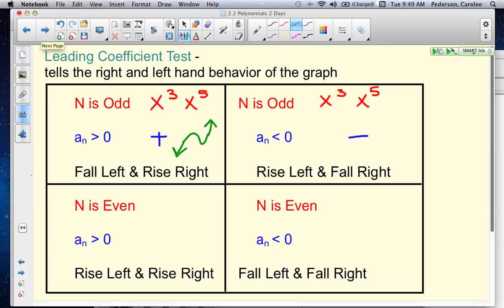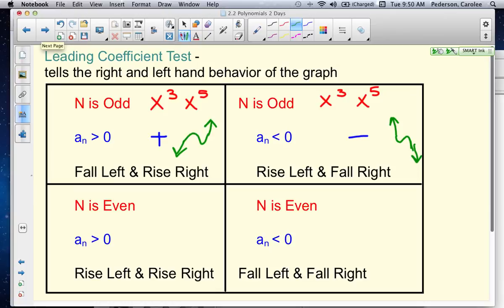Now this one, where our degree is odd and our leading coefficient is negative, we are going to rise on the left and fall on the right, and then something happens in between. So I'm just going to connect them. That's the top two boxes.